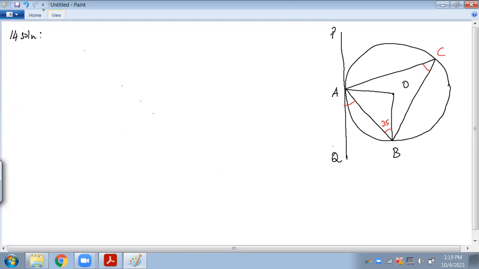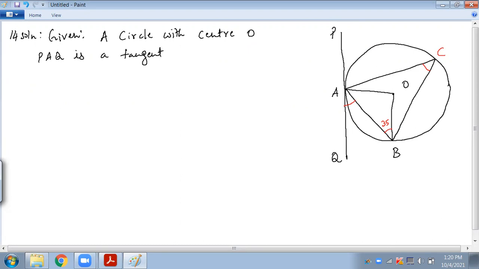Okay, let's first write the given. So there is a circle with center O. Then PAQ is a tangent, and angle OBA equals 35.